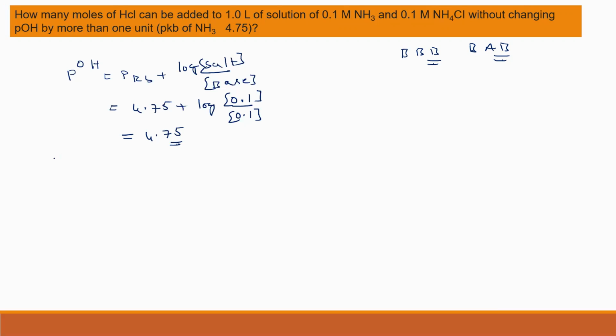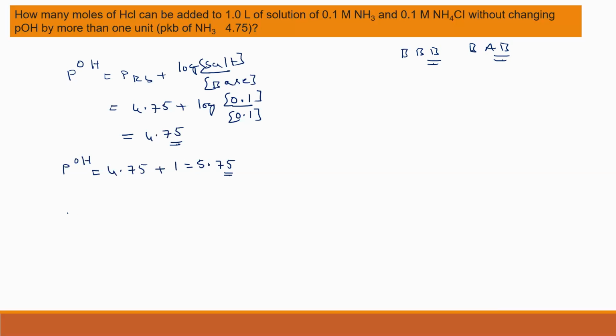Okay, now what is the new pOH? As you are adding the HCl, the pOH will increase and the pH will decrease, right? So the pOH is equal to 4.75 plus 1. So this is 5.75, the new pOH.